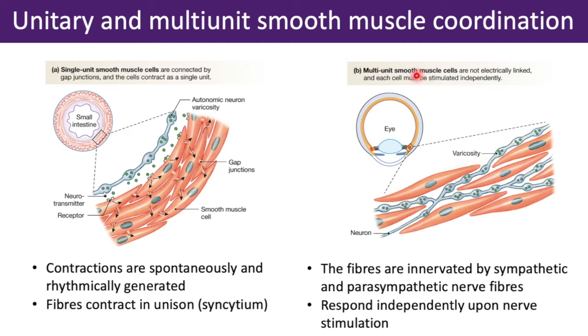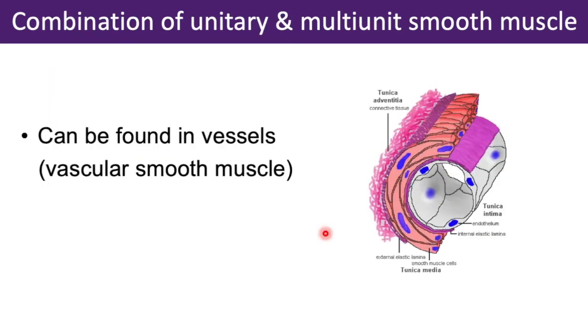In multi-unit smooth muscle, such as in the eye, each muscle fiber is innervated by sympathetic and parasympathetic nerve endings. There are no gap junctions, so each fiber will function independently. There are also places where we can find a combination of unitary and multi-unit smooth muscle, such as in the blood vessels.